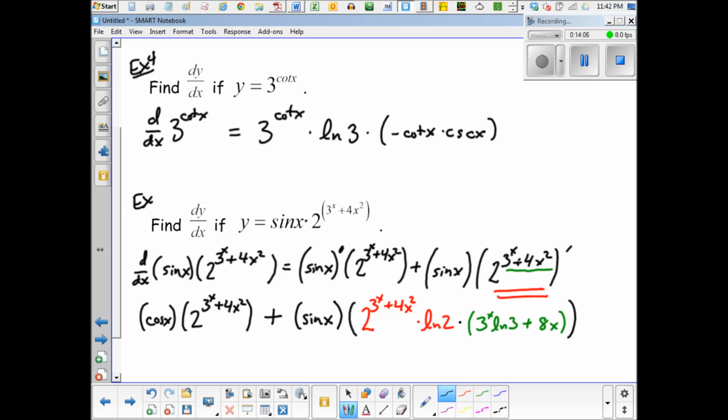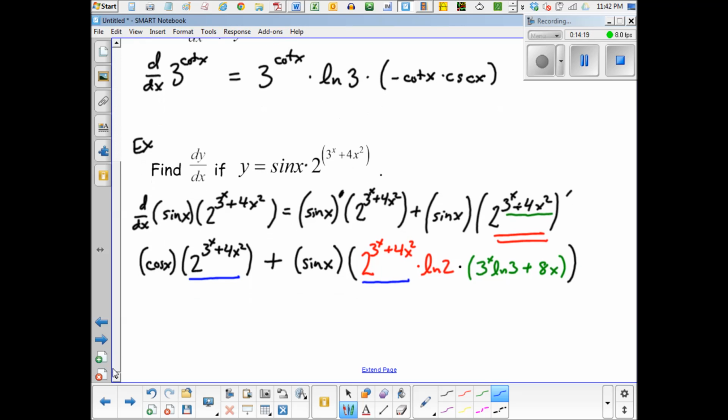And we do have a common term that we could technically take out, and that's this blue term right here. It shows up in both of these. This is actually quite common for us to be able to factor something out. Okay, so we'll do that. We take out the 2 to the 3 to the x plus 4x squared.